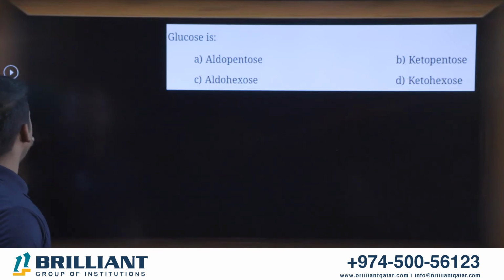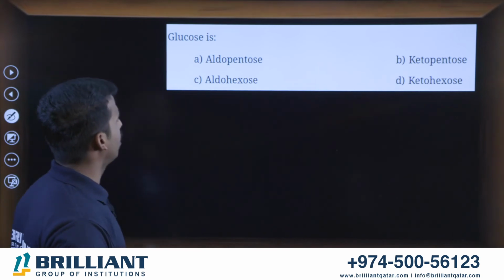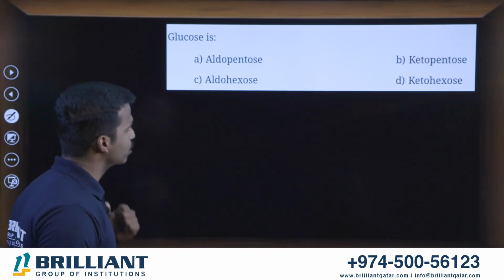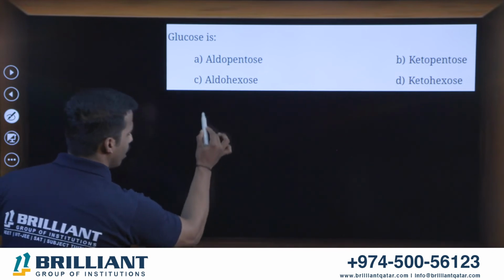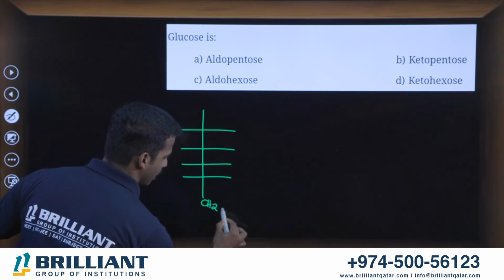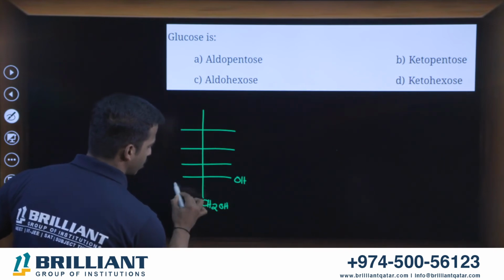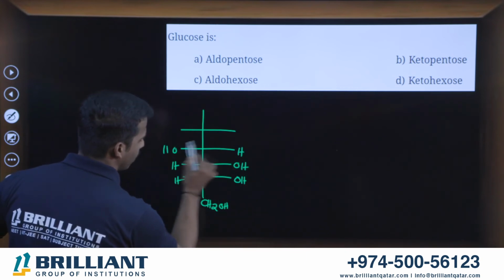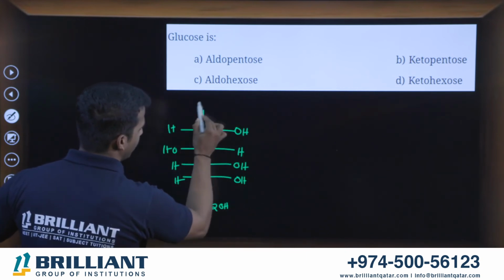Next one. Glucose is a aldopentose, ketopentose, aldohexose, ketohexose. Dear student, you know the open chain structure of glucose. Here we have CH2OH and OHH, repeat OHH, opposite HOH, repeat OHH, and here CHO.